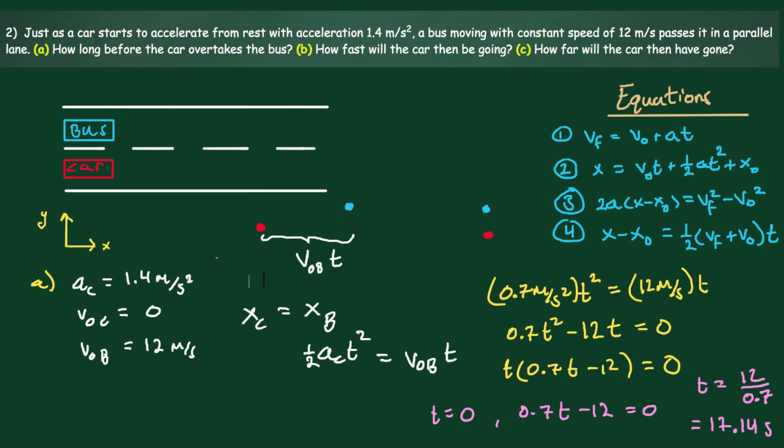Okay, so this solution makes sense, but it's not what we're looking for. We're looking for the second solution where the car and the bus are once again side by side. Okay, and that occurs after 17.14 seconds have passed. So the answer to part A is t is equal to 17.14 seconds.